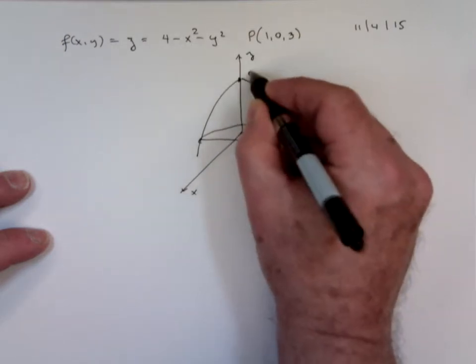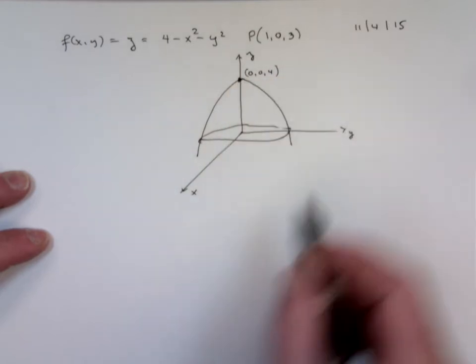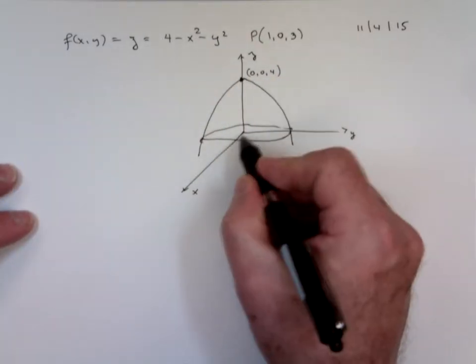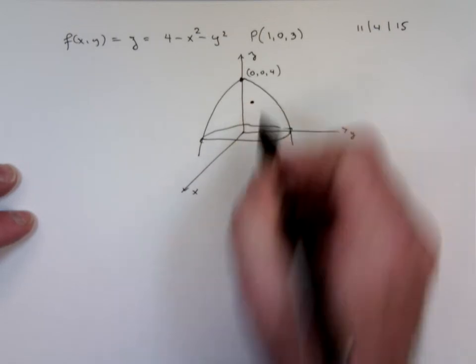This top right here is (0, 0, 4). That's what that is. We've got the point (1, 0, 3), and I'll say the point is right here. That's our point.